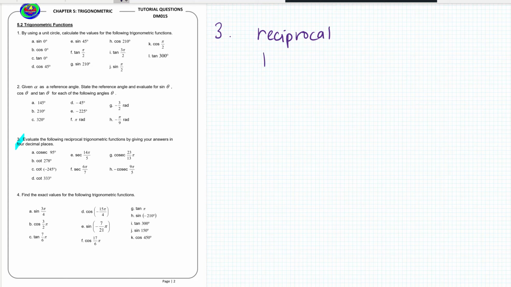Basically, we have three basic ones: we have sec, cosec, and cot. This is what we call the reciprocal trigo.